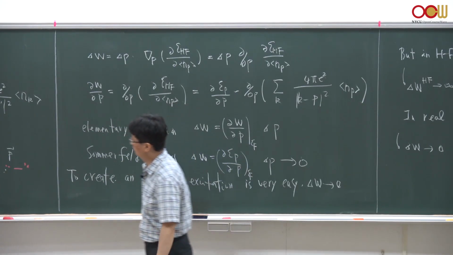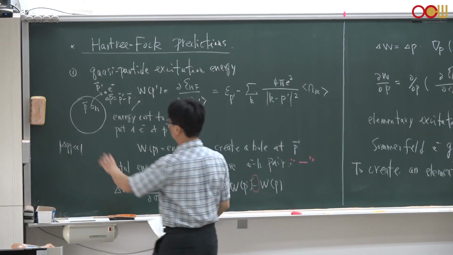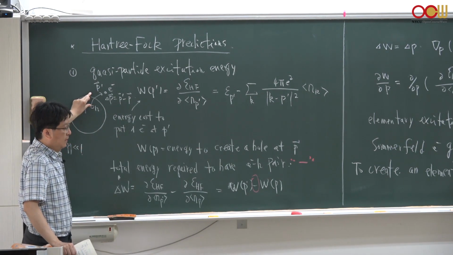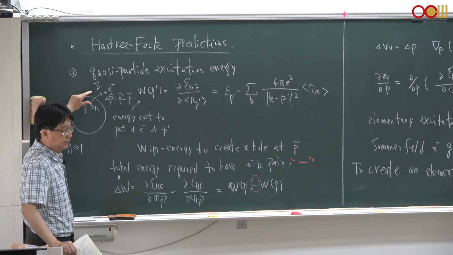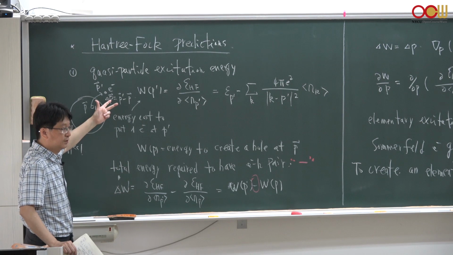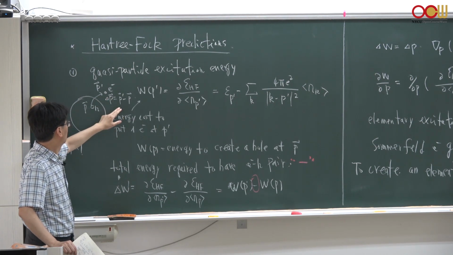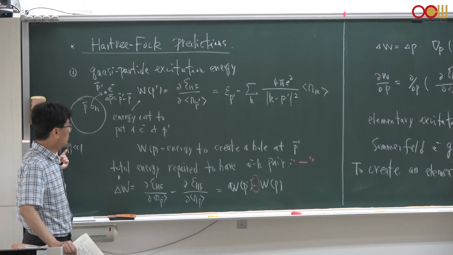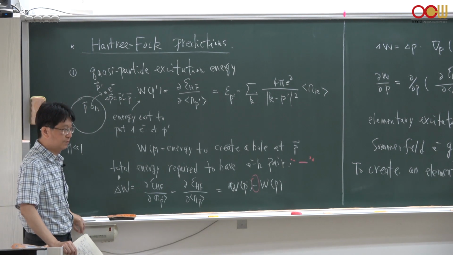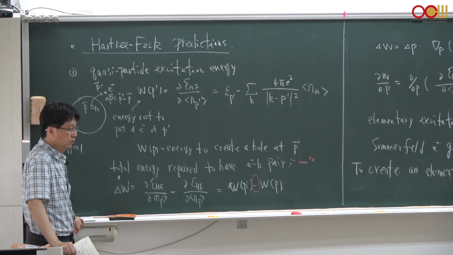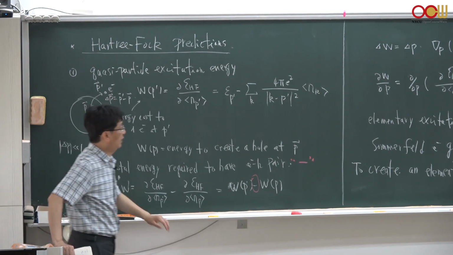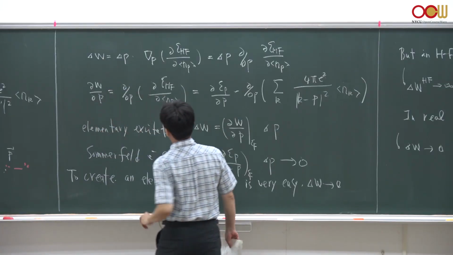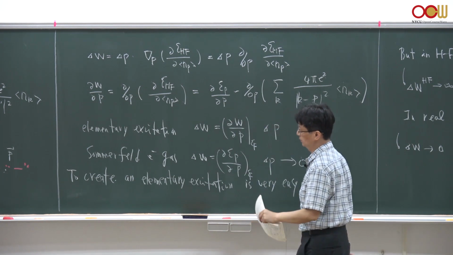And as I mentioned, this electron-hole pair is generated near the Fermi surface. So these two energies, P and P prime, are very close to each other, or the momentum difference is not that large. So we assume that these two momenta, P and P prime, are very close to the Fermi momentum, kF. So we could do a Taylor expansion very close to the Fermi surface of these two momenta, P and P prime.